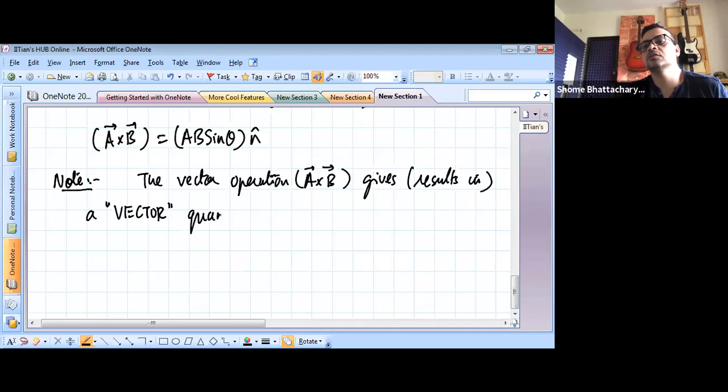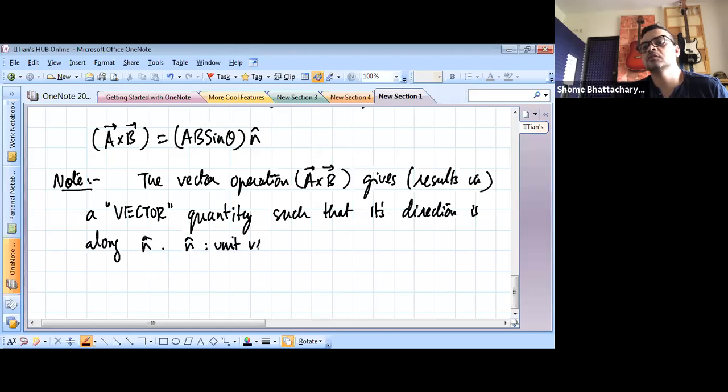Unlike scalar product or dot product, which gives us a scalar quantity, such that its direction is along n cap, where n cap is a unit vector perpendicular to both A and B. Now the next question becomes that how do we decide the direction of n cap?